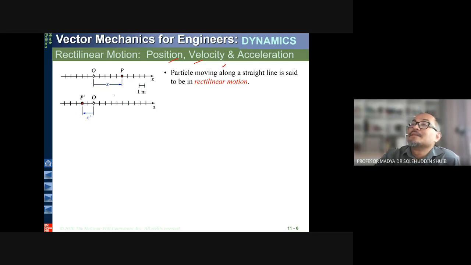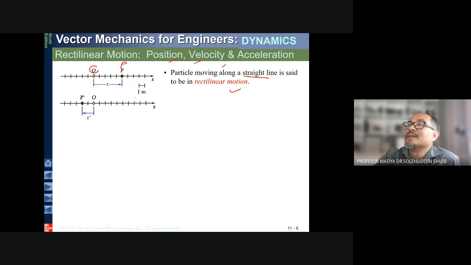So look at this one. A particle moves along a straight line. The keyword is straight line, so it is called rectilinear motion. We have something like a ruler here. Take zero as a datum: 1, 2, 3, 4, 5.